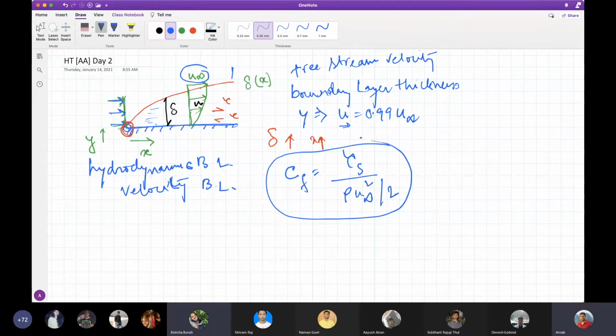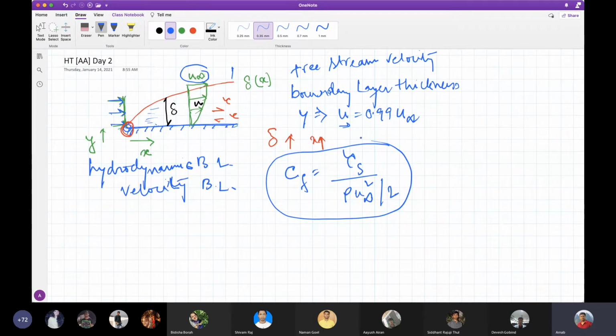The shear stress is proportional to the strain rate, and you have the coefficient of viscosity.